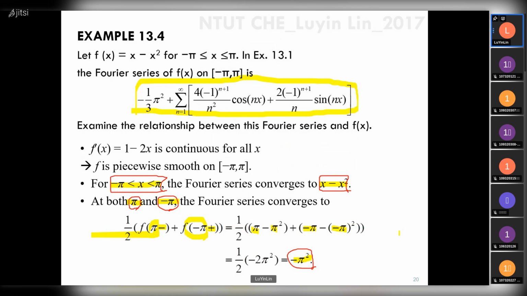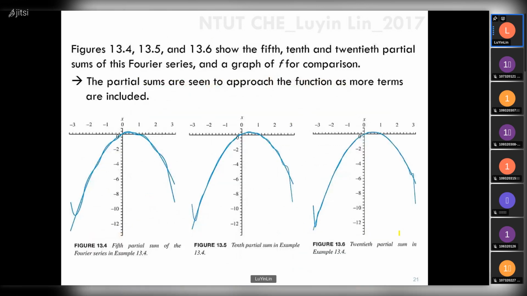Then it is the final answer. Okay? And let's see the figure. As you know, it is an infinite series. So the more terms you sum up, the more the figure will look like the function.